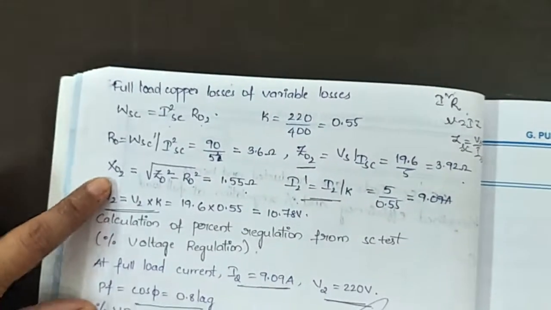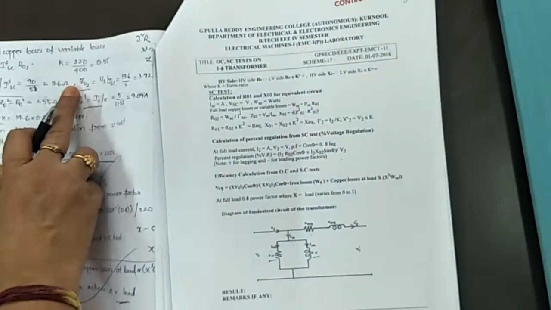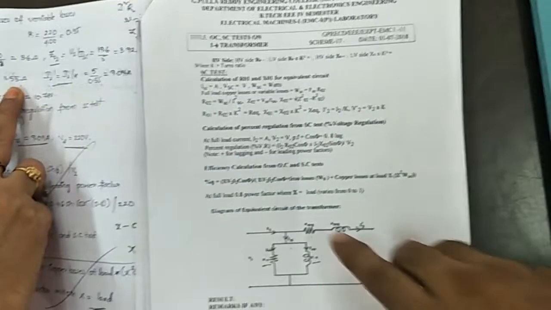So after obtaining all the values, you can draw the equivalent circuit diagram of the transformer. R02 value is 3.6. Similarly X02 value is 1.55.